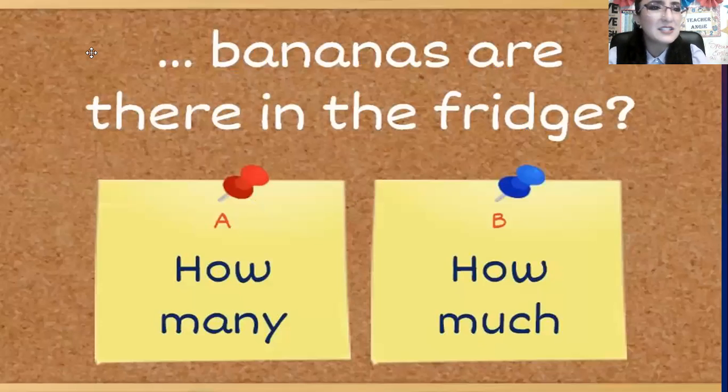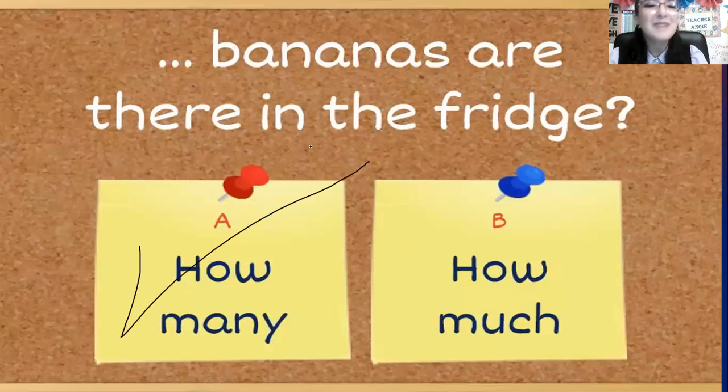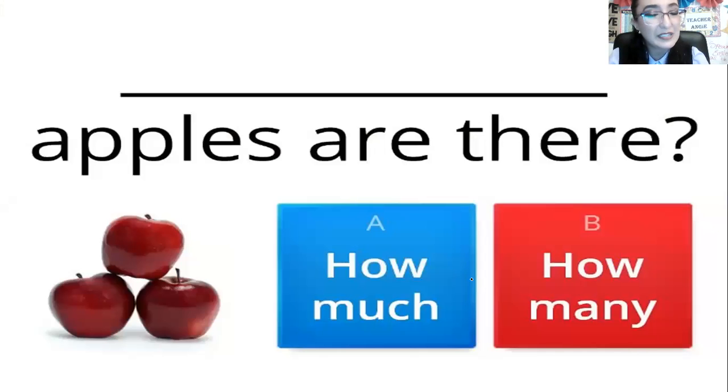In this case, what could it be the answer for this one? Bananas are there in the fridge. How many or how much? How many bananas? Excellent. How many bananas are there in the fridge? Cool.